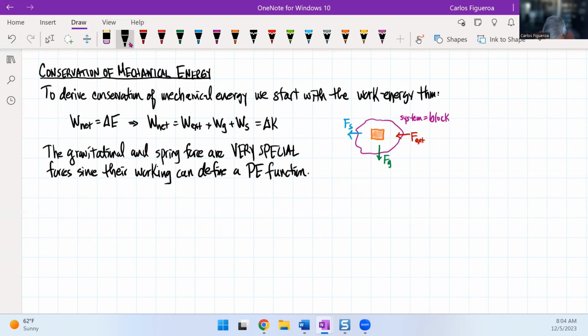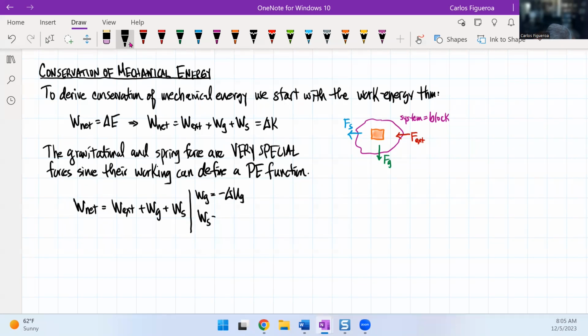So, according to the work energy theorem, the net work is going to be some external work, and then again, I have the work of gravity and the work of the spring. But because I can define a potential function, the work of gravity is the negative change of the gravitational potential energy.